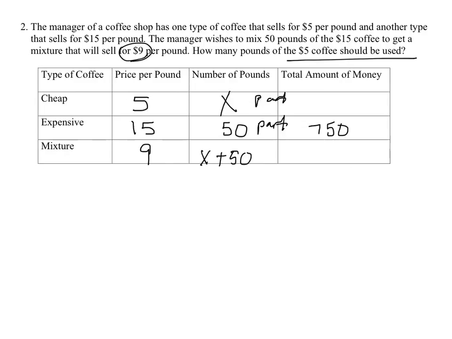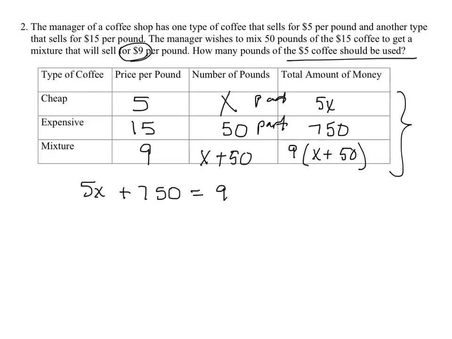How much money is tied up in the cheap coffee? 5x. How much money is tied up in the mixture? 9 times x plus 50. And what's the beauteous part? Yes, the equation is right there. So 5x plus 750 is equal to 9 times x plus 50.